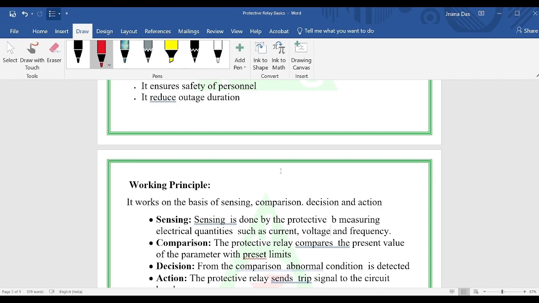So these are the steps of operation of a protective relay: first sensing, then comparison, then decision, and then action.